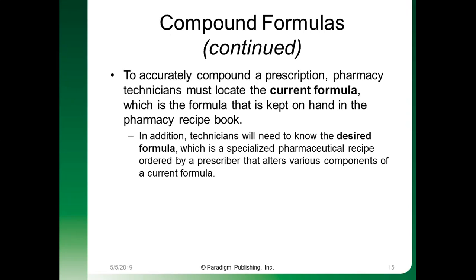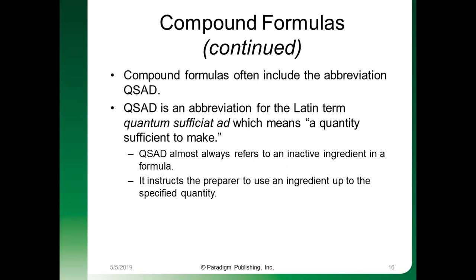So again, as a pharmacy technician, you need to go into the pharmacy recipe book, locate the correct formula for the correct medication, and then make your calculations as to if you need to increase or decrease the ingredients for measuring the medication.